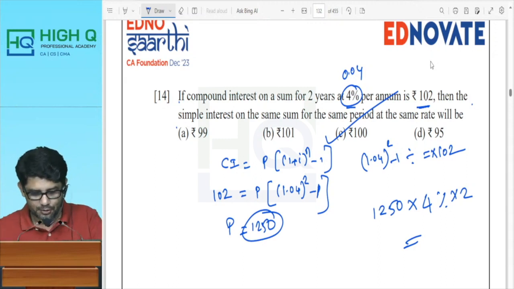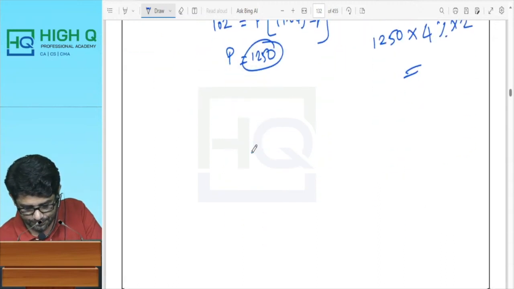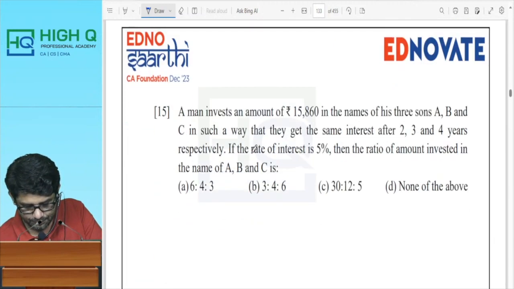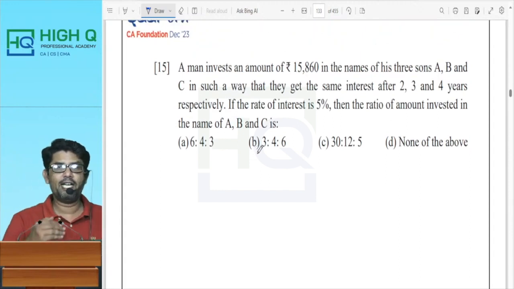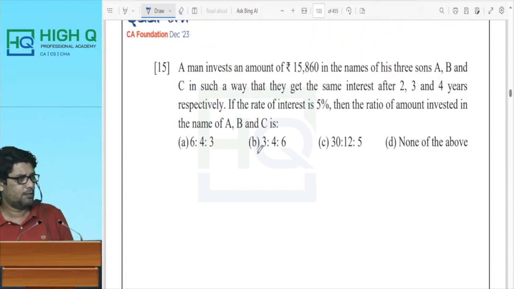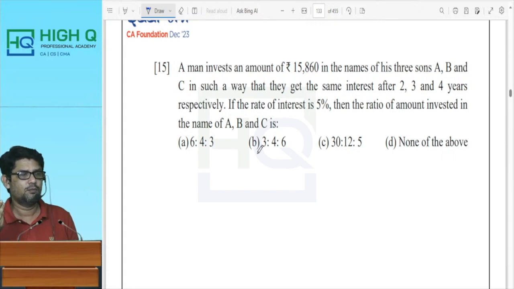My dear, please use the calculator effectively. Maybe in the examination, it may take 1 minute or 20 seconds if you are solving it.